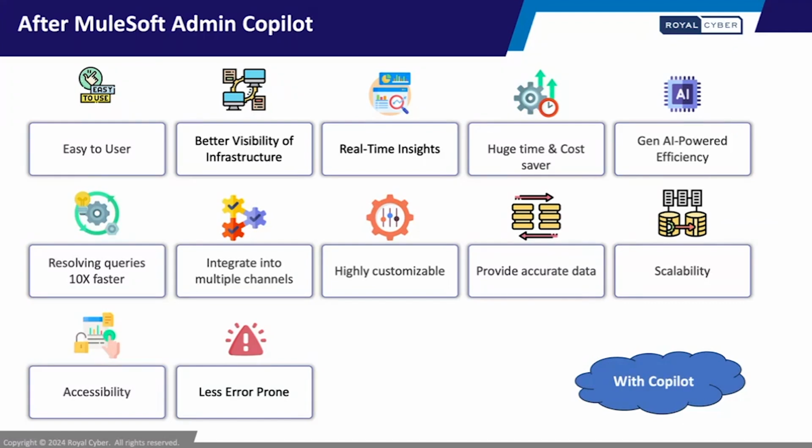It will provide all the real-time insights with access to up-to-date server information and performance metrics, real-time API monitoring, and real-time insights into API statuses, CPU and memory configurations. It reduces the time spent on troubleshooting and information gathering and brings in efficiency. And the accessibility is very easy, so it is available anytime, anywhere for instant support.